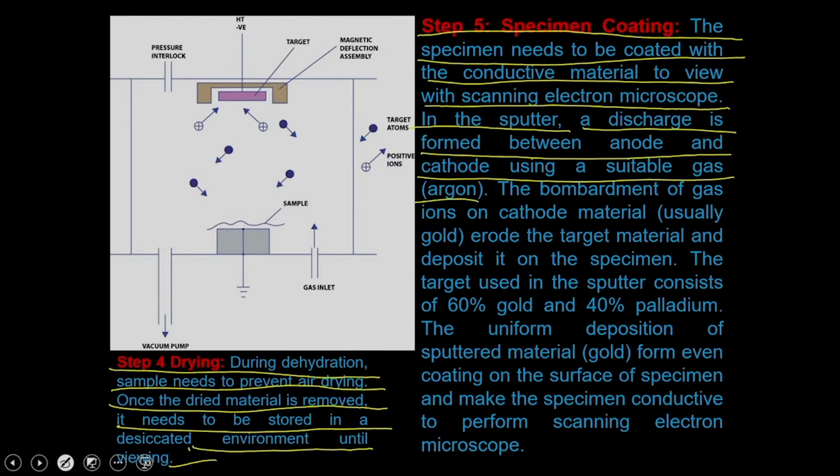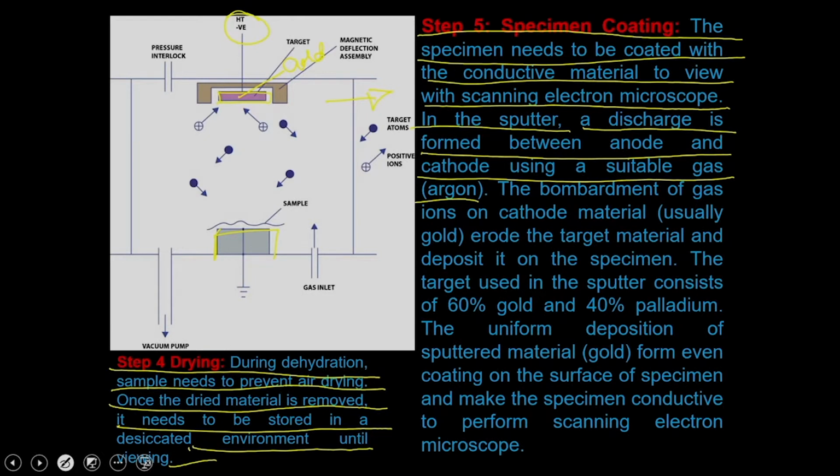So, this is the gold sputter. You have a target, which contains the gold, and it is held at a negative potential, and this is under vacuum. Under the vacuum you keep your sample on this block, and then you do a bombardment of gas ions.